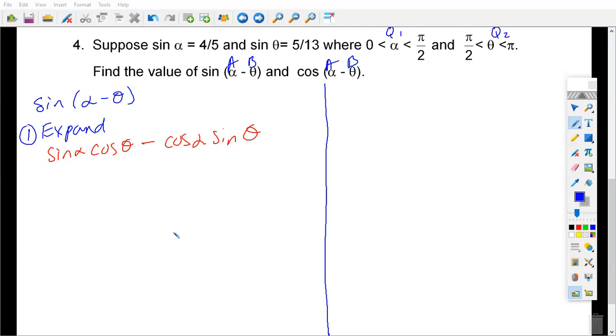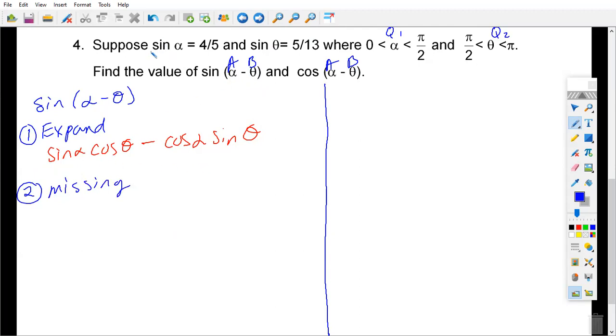On the front, our formula tells us sine, cosine, minus cosine, sine, right? How do you know that? Because it said sine of alpha minus theta. After you expand, you're going to solve for what is missing.